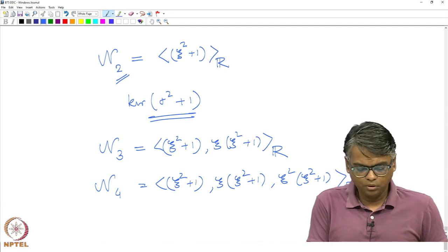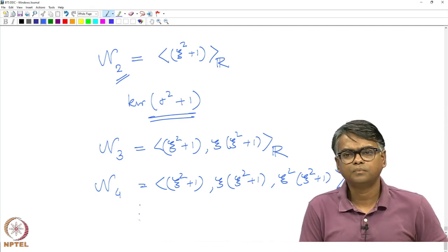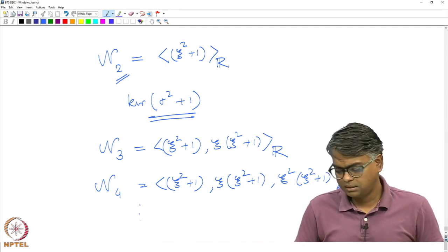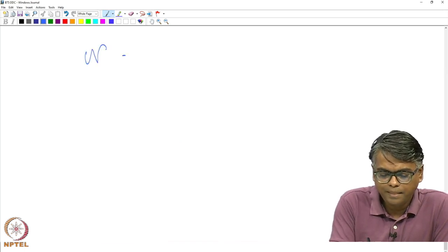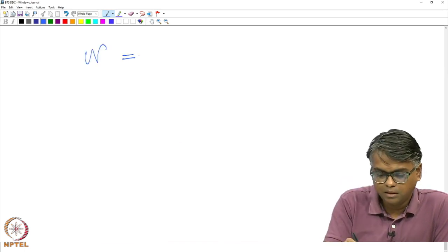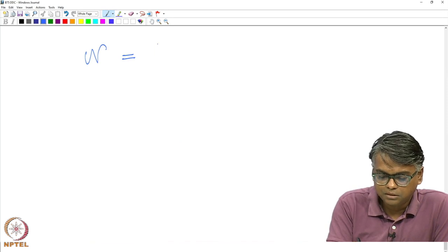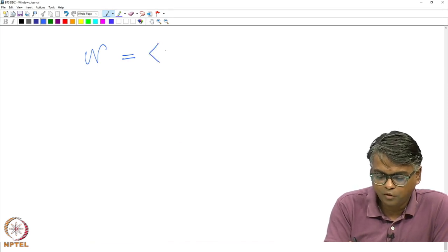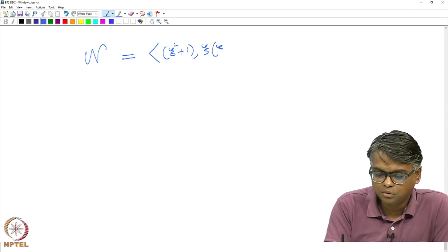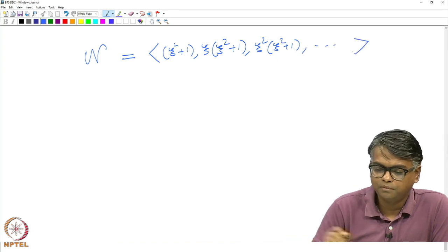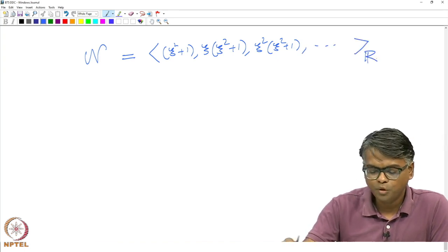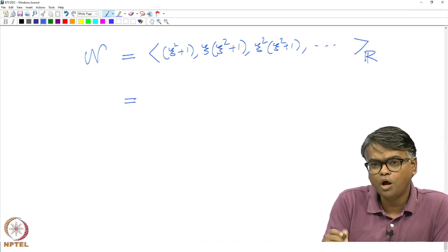That will be n4 and so on. In other words, anything in n is the linear span of xi squared plus 1, times xi into xi squared plus 1, times xi squared into xi squared plus 1, and so on forever, which is the same as looking at polynomials.